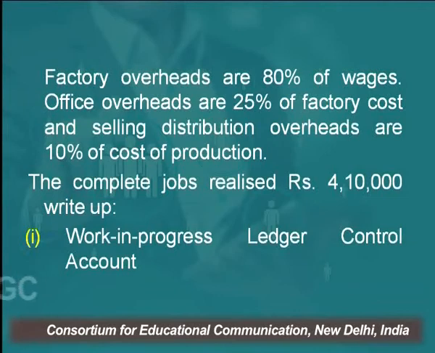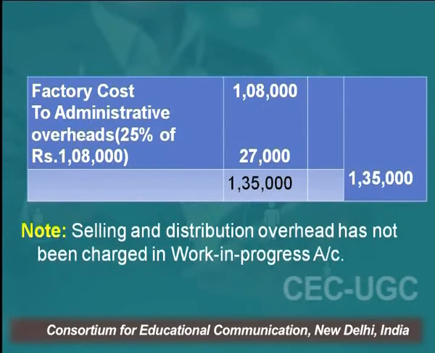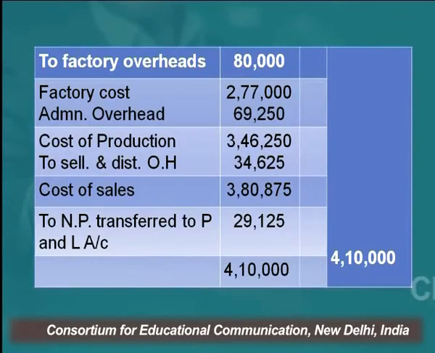Office overheads or administrative overheads are the same thing. So you calculate 25% of factory cost, and that comes to 69,250, your administrative overheads. You add administrative overheads and you get the cost of production, which is 3,46,250.